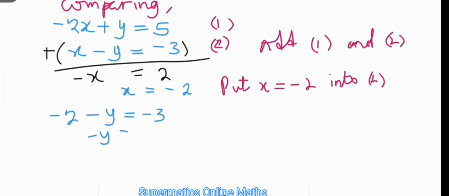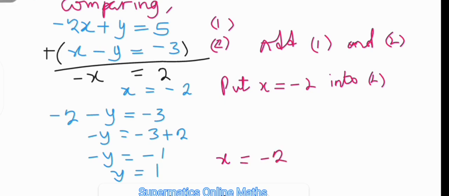And negative y would be the sum of negative 3 and 2 when we add 2 to both sides. And negative y is just negative 1. Multiplying through by negative 1, y is actually a positive 1. So that way we have the values of x and y. X is negative 2 and y is 1.